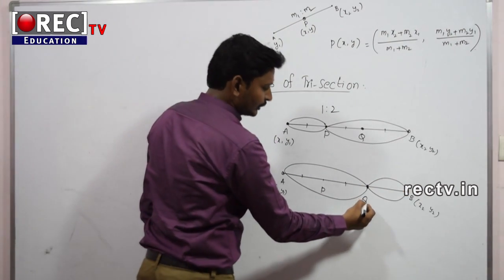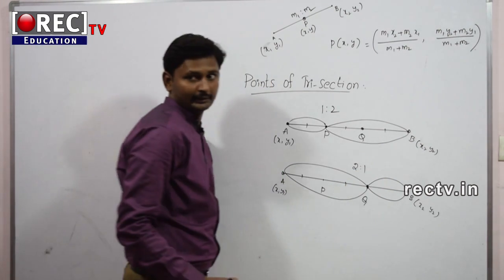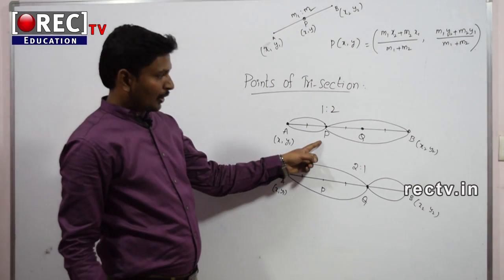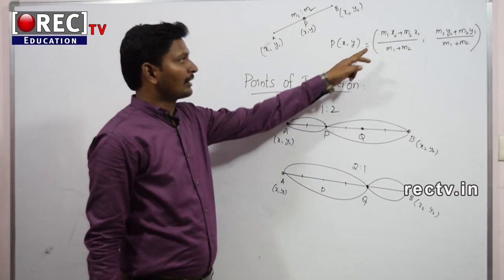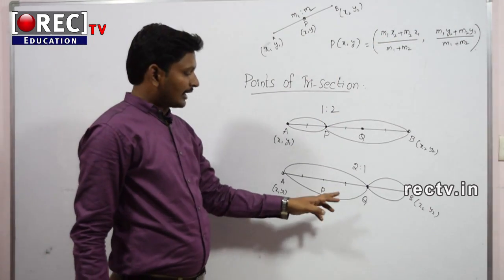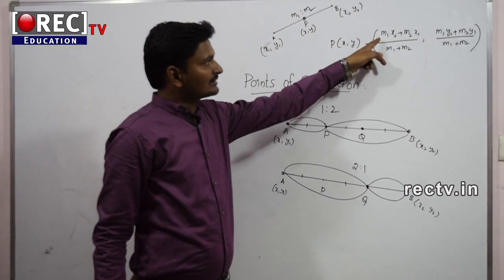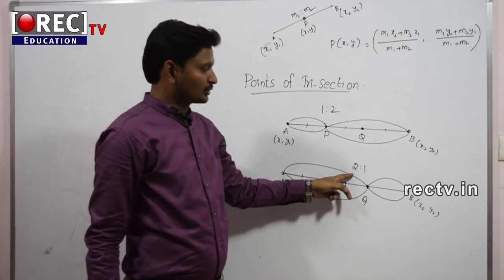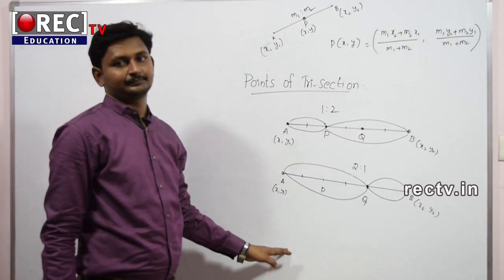So now this Q divides the line segment AB in the ratio 2:1. To find the point P, we have to apply the section formula with the ratio m1:m2 equal to 1:2. And to find the point Q, we use the same formula, and in place of m1 and m2 we use 2 and 1. So these two are called points of trisection.